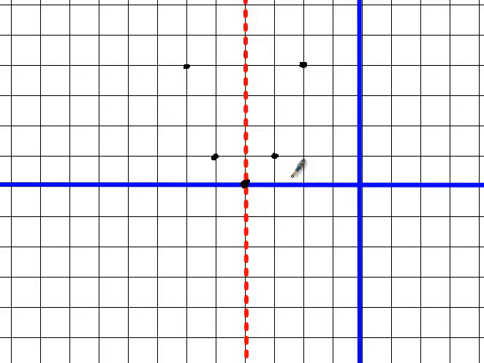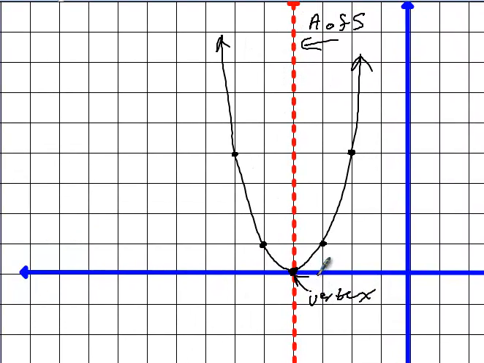It's pointing up, which makes perfect sense because our A was +1, right? So positive A means the graph points up. So now you just connect your dots as best as you're able. Label axis of symmetry and your vertex. And there you go. There's your graph. Is everybody okay with graphing, you think, maybe, possibly?